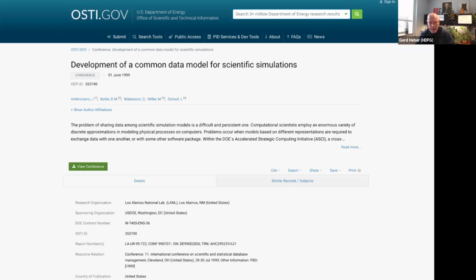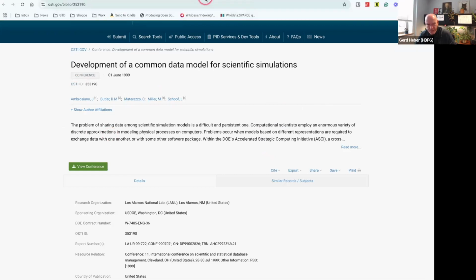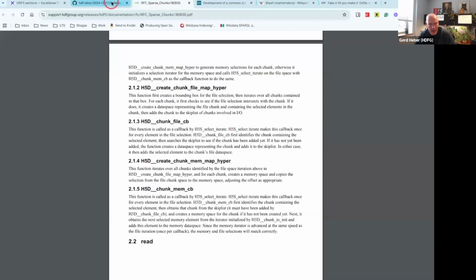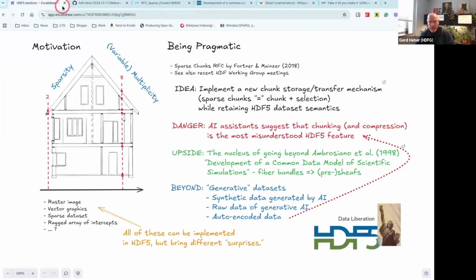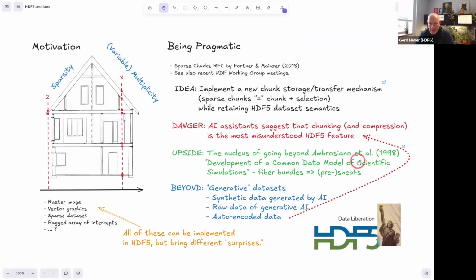But the underlying idea is pretty much the same, and all these ideas go back to this paper. But what would happen now with these sparse chunks is, if you're mathematically inclined, we would finally, so to speak, transition from fiber bundles to sheaves or pre-sheaves.